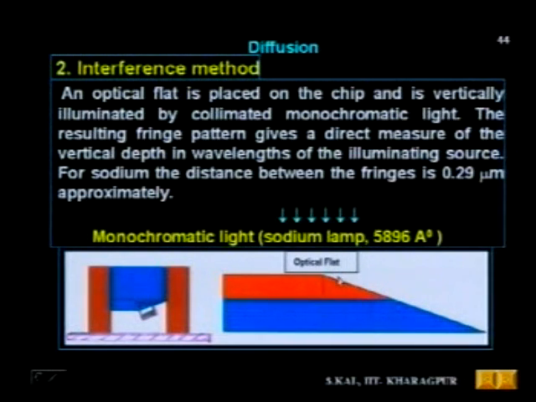Tolanski's interference technique is easier than staining, but again the accuracy is not up to the mark. So you see the interference fringes by putting an optical flat, count how many fringes are in this particular region, and multiply by lambda by 2 approximately, and you will have an idea of the depth of diffusion.